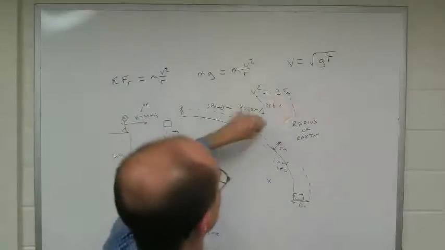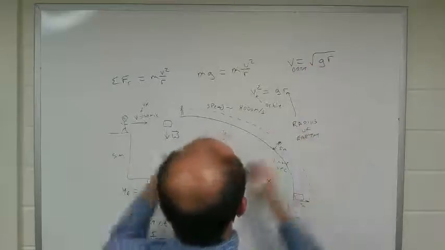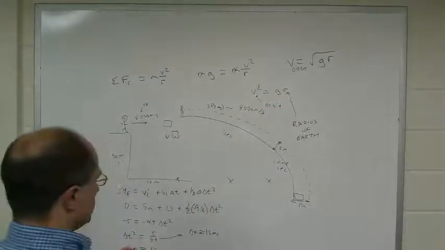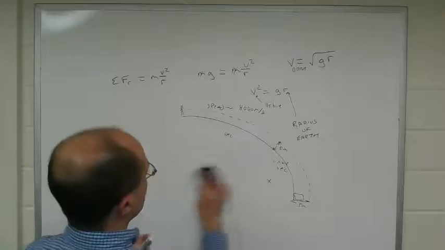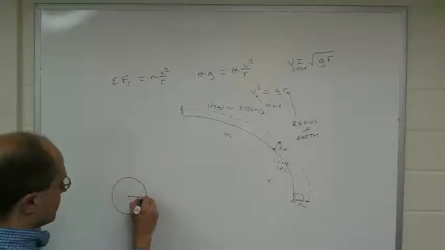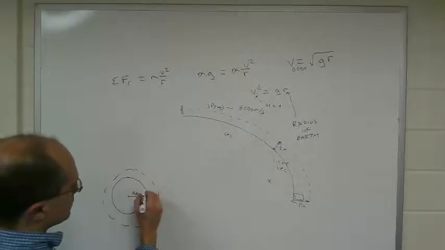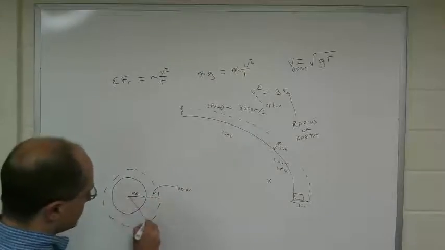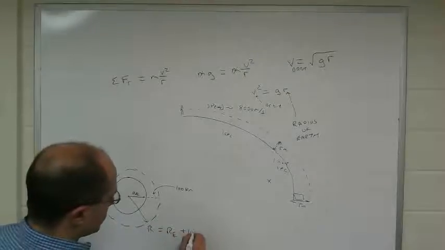So this is v orbit. And if you wanted to orbit higher up, what you have to do is the following. So let's say this is the Earth, this is the radius of the Earth, and you need to orbit 100 kilometers above the Earth. Well, your new radius out to here, this new capital R, is the radius of the Earth plus 100.